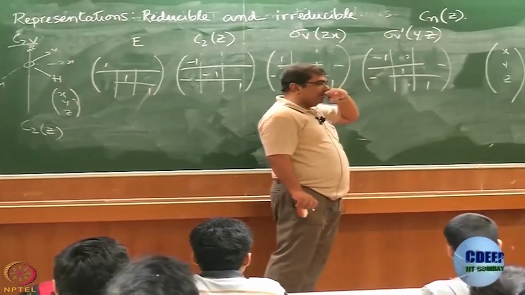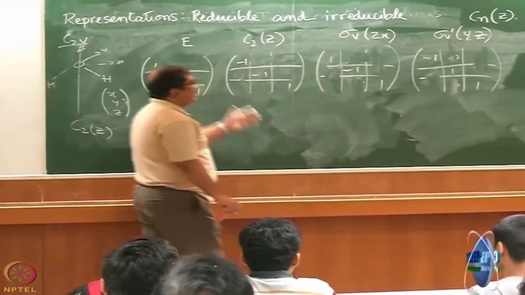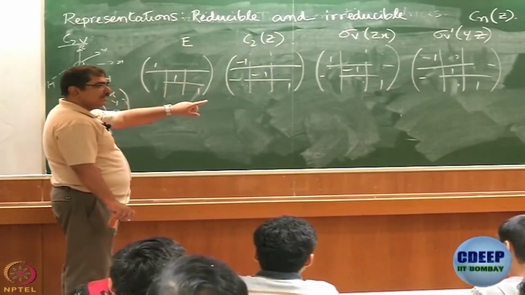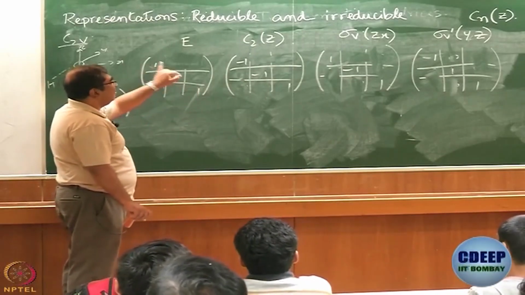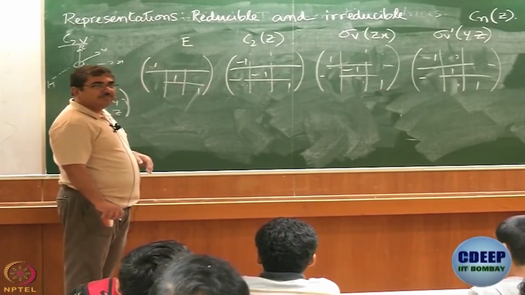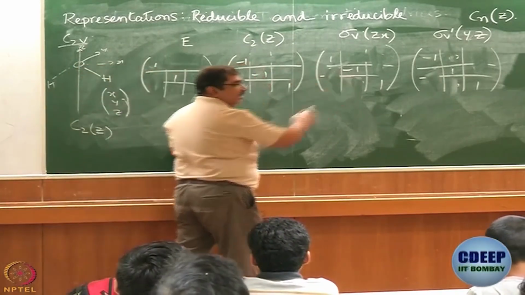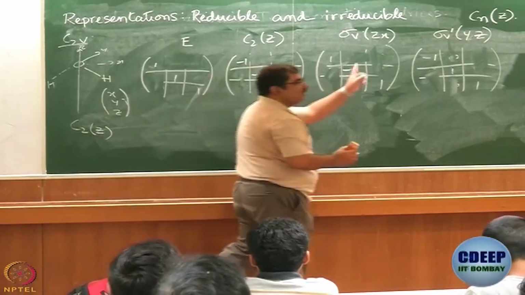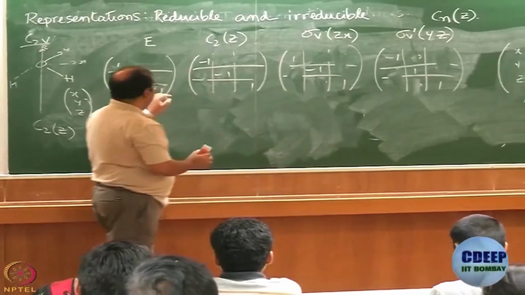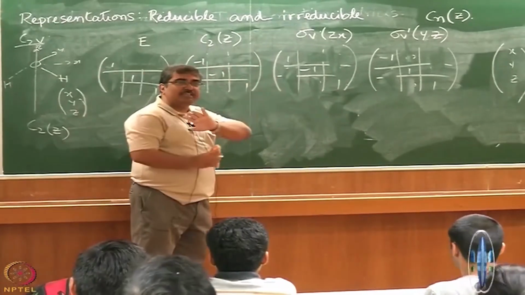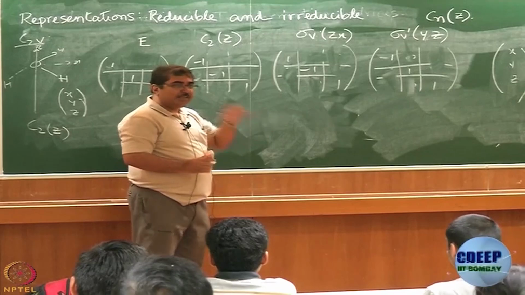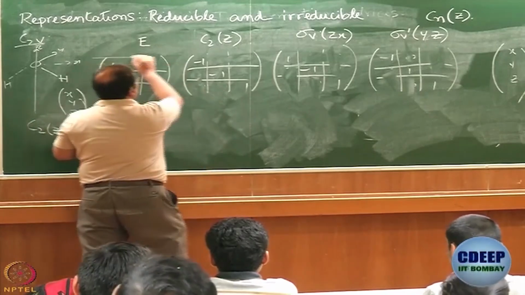Okay. Instead of saying it in English, what I can say is that for x, I have the combination 1, minus 1, 1, minus 1. For y, it is 1, minus 1, minus 1, 1. Symmetric, antisymmetric, antisymmetric, symmetric. For z, it is 1, 1, 1, 1, symmetric all the way. Okay. So, now this is a representation.